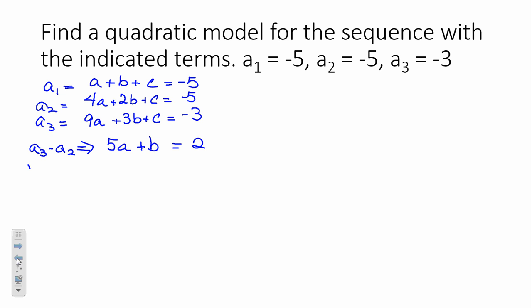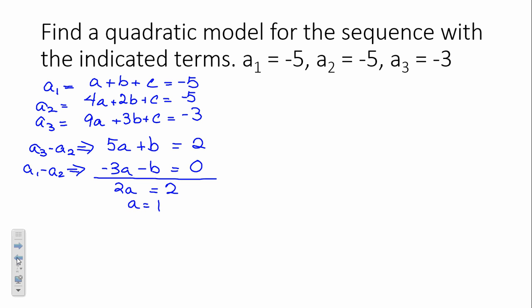Then let's take a sub 1 minus a sub 2: a minus 4a, b minus 2b, c minus c, and -5 minus -5. Adding the two equations, we've eliminated a, we're eliminating b now. So we'll have 2a equals 2. So a is 1.